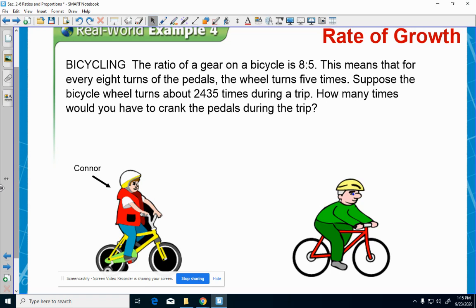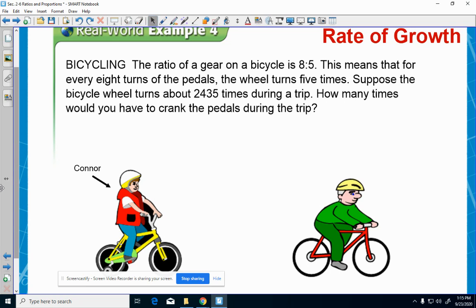It's easier for them to pedal, so they have to do it more times to get the same revolutions that you're getting off your bigger tires, your bigger gears, and all those pieces. So here, the ratio says that it's 8-5. And that means pedal 8 times and get your wheels to turn 5 times. That is a ratio.